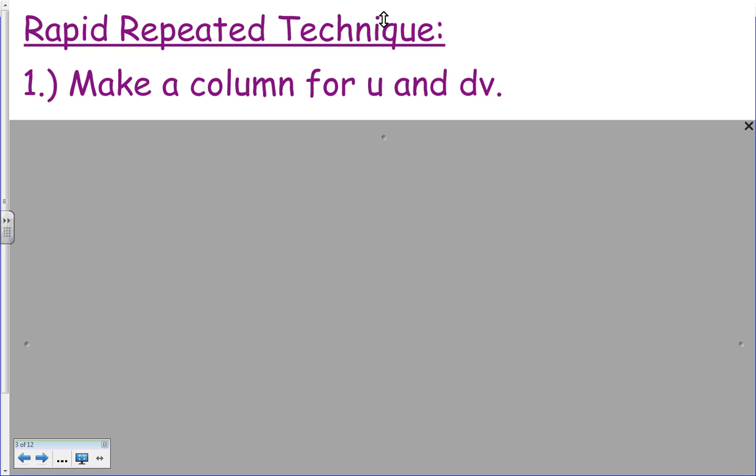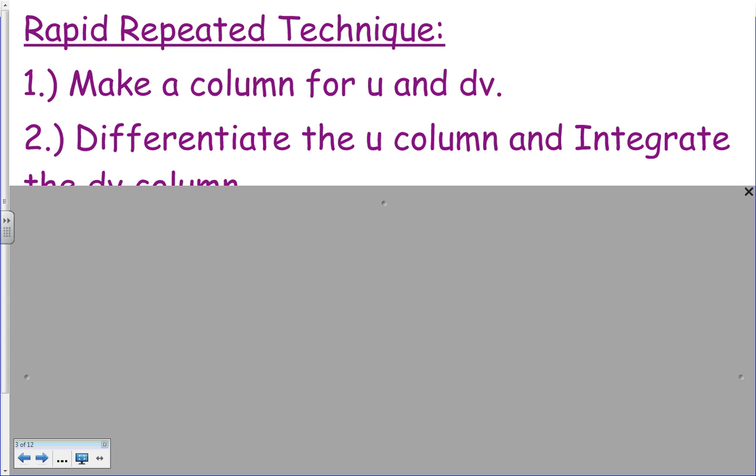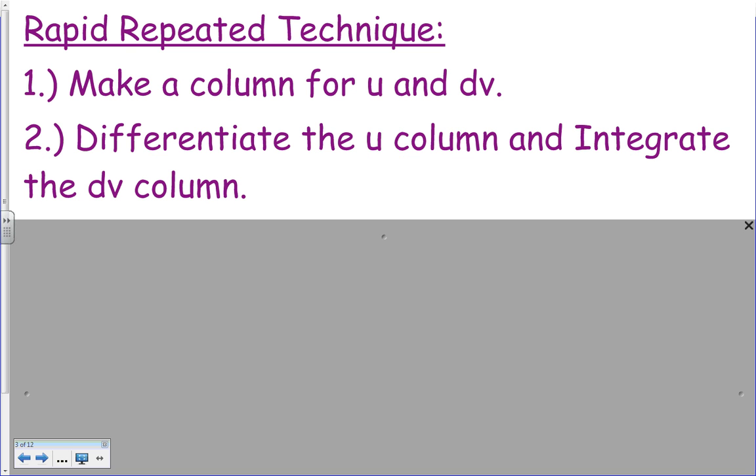The first thing that we're going to do is make a column for both u and dv. So we're not going to write down u equals each time. We'll just make a heading at the top, u, and make a column for u's, and then dv and make the column for all of our dv's that will go there. And then as we do this, we take the derivative, or differentiate, the u column. That's what we're doing every time to find du. We take the derivative. And we integrate the dv column. That's how you found v.